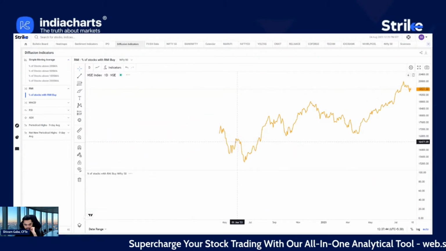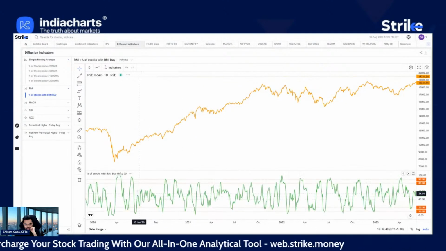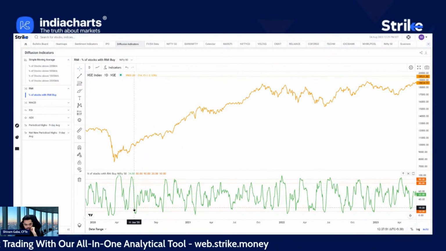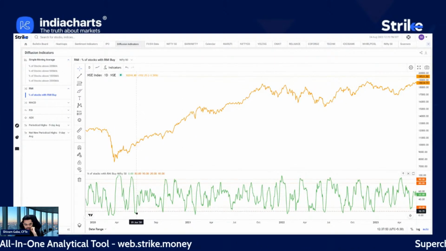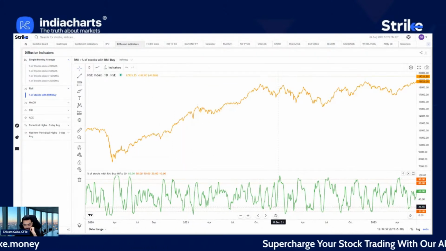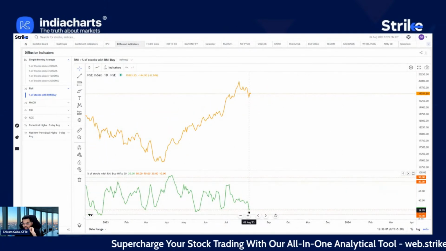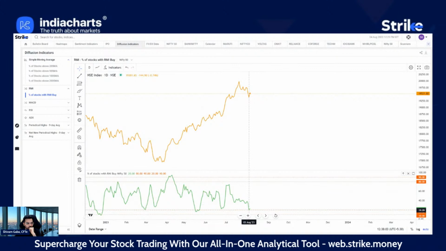If I just go back to more history, yeah, you can see below the 20 zone is where the market gets oversold and we see a short-term bottom in place. So as of yesterday, we have touched 20. This is an interesting point to watch out for.